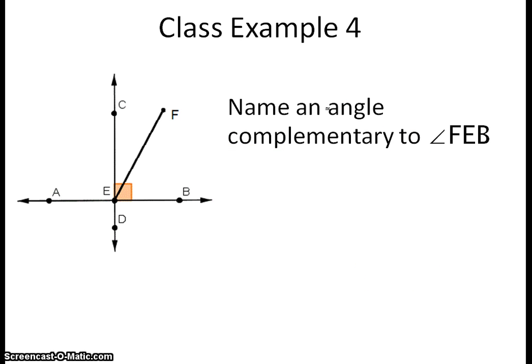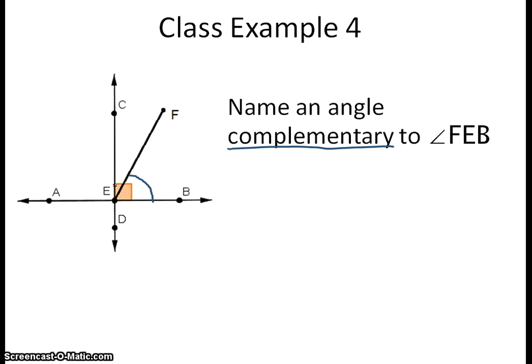Example number 4. This says name an angle that is complementary to angle FEB. So angle FEB is this angle right here, and it says name an angle that's complementary to it. Well, we need to know what complementary means. Complementary means two angles that add up to 90 degrees.